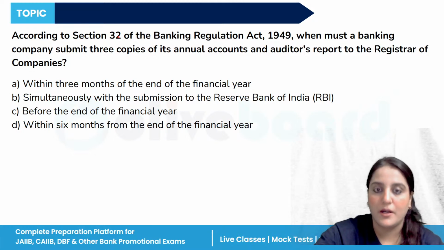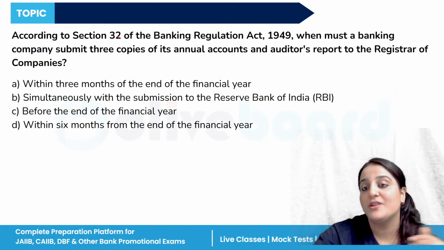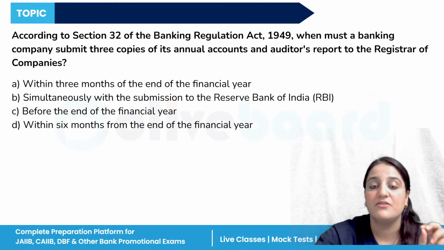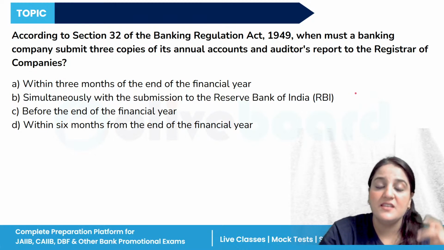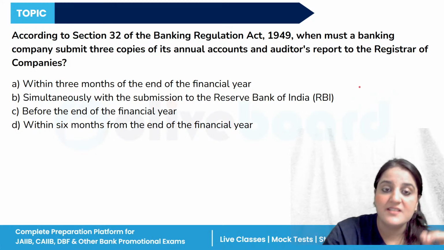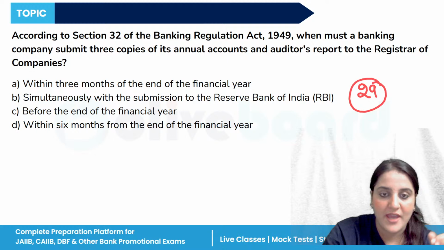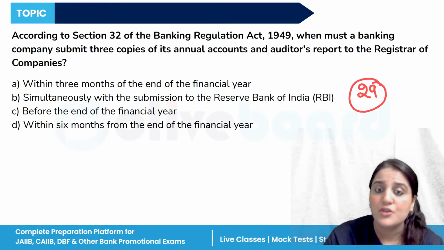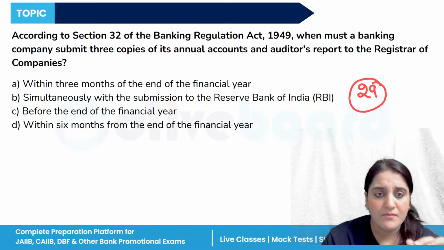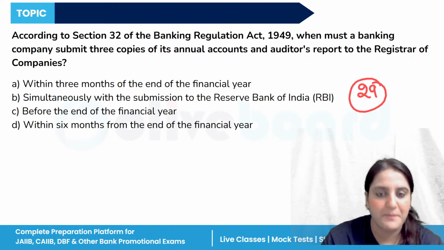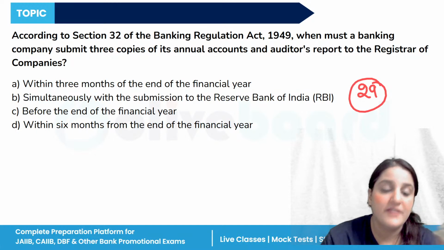Basically, these 3 copies of the balance sheet and the profit and loss account prepared under Section 29, together with the auditor's report under Section 30, must be submitted to the RBI within 3 months from the end of the period to which they refer.